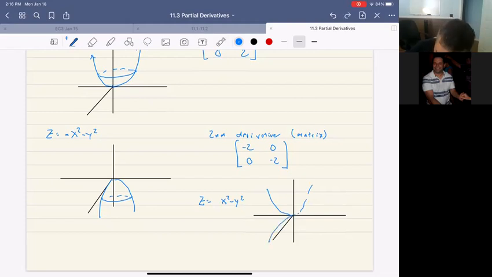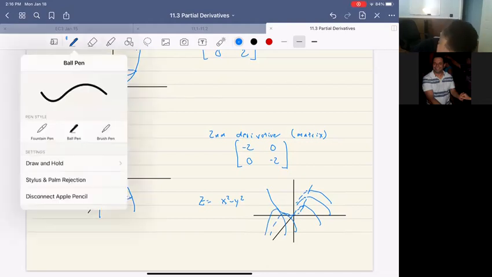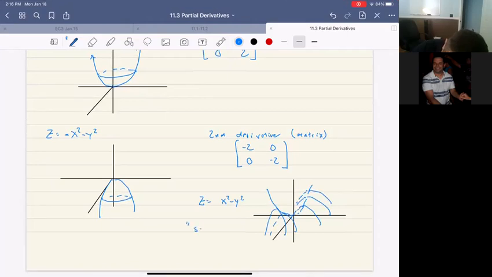So what I like to think of is it's like you have something going like so. And this shape is what we call a saddle, because it looks like a saddle, right?